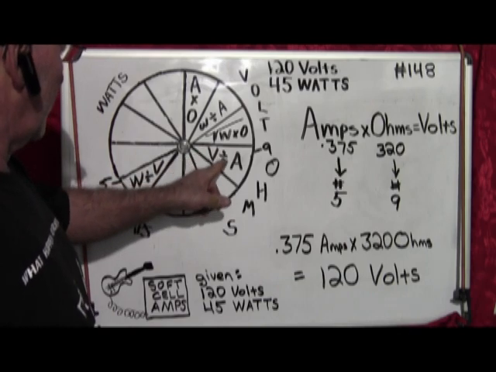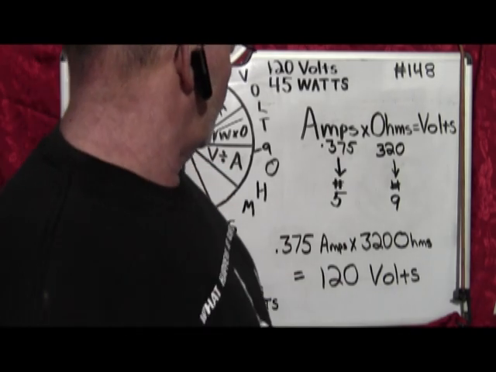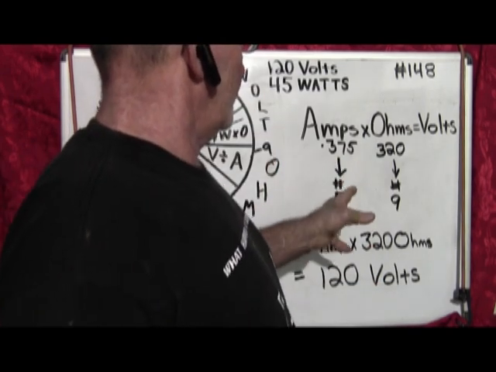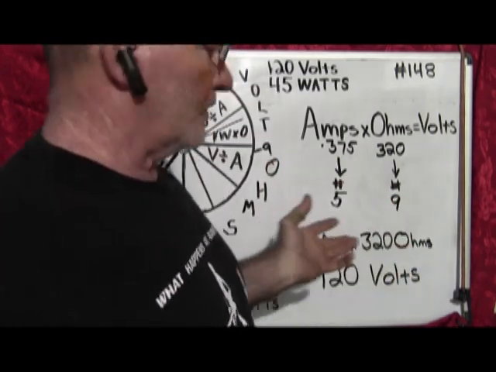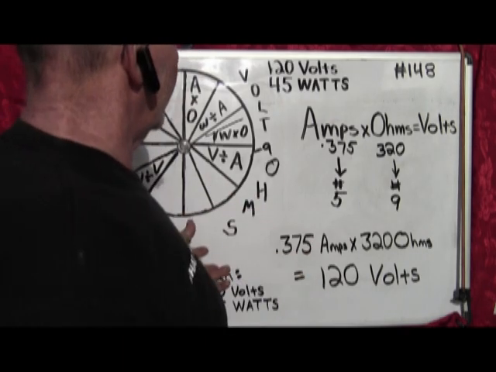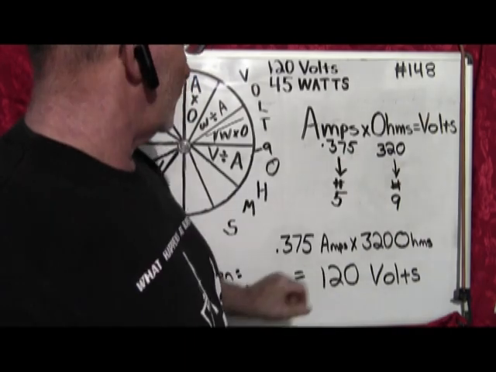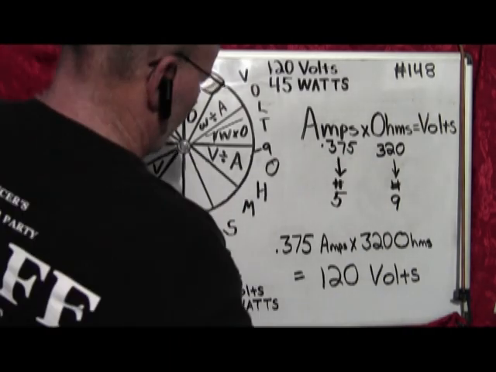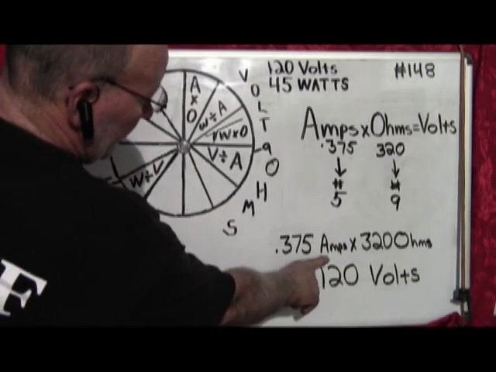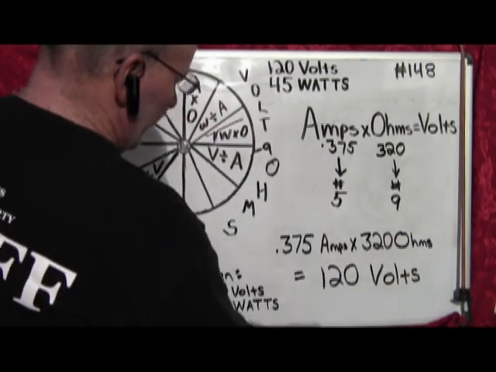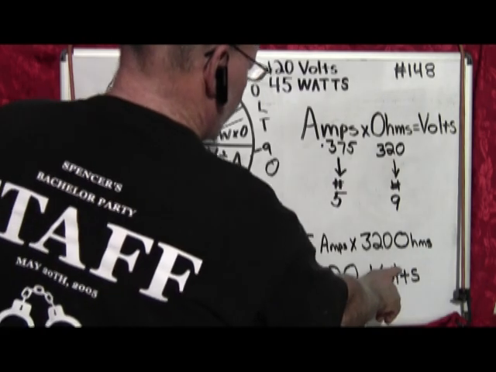Volts divided by amps gives you 320 ohms. And I'm not going to bore you with that equation because you've seen that before. So the main thing is the brass tacks. Amps times ohms equals volts. So we take 0.375 amps times 320 ohms, and you get 120 volts.